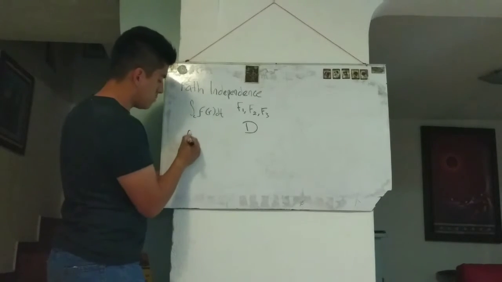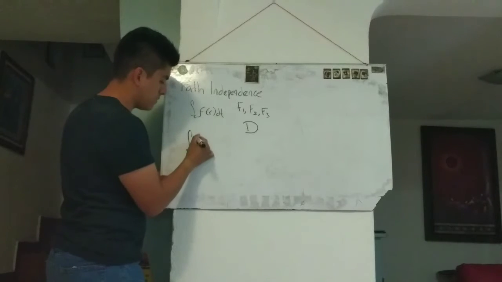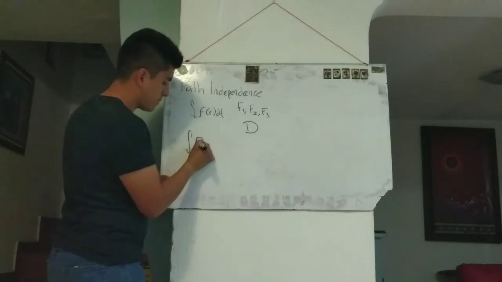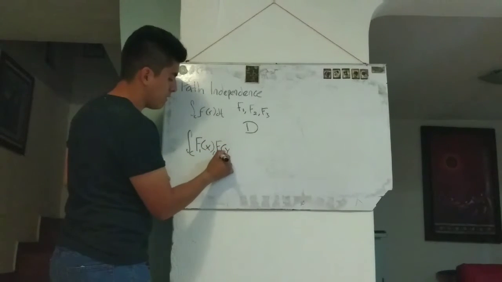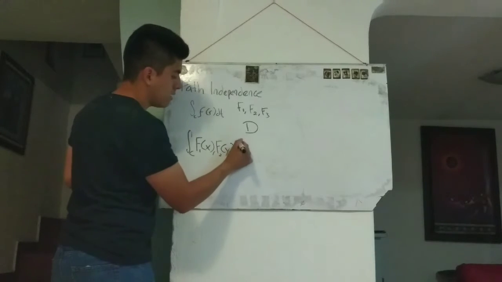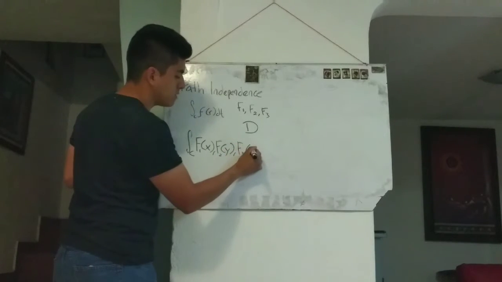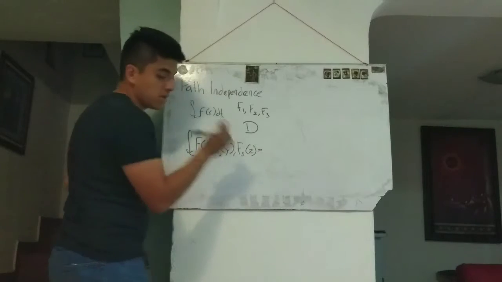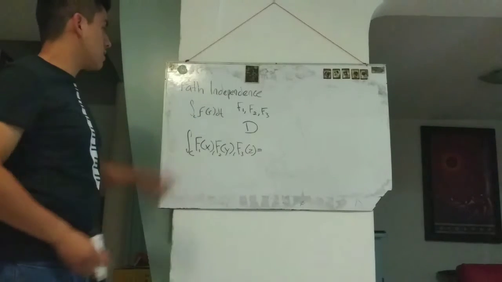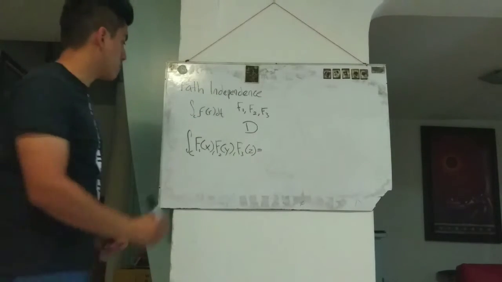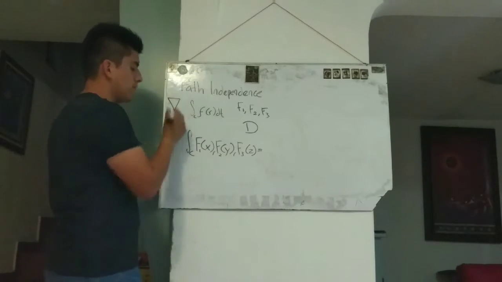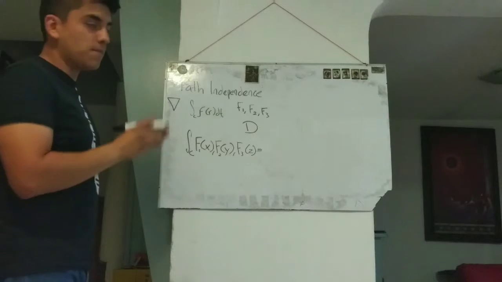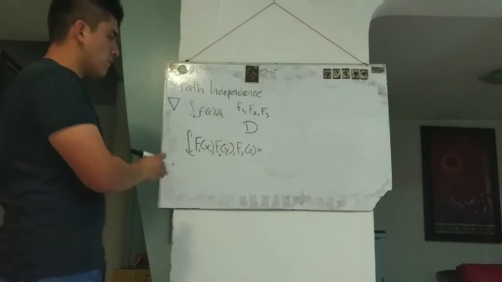So our integral is going to be the same, but with f1 of x, f2 of y, and f3 of z. Remember, this is when we have a gradient. Remember, gradient is the symbol, and it's represented by the partial derivatives of our functions.